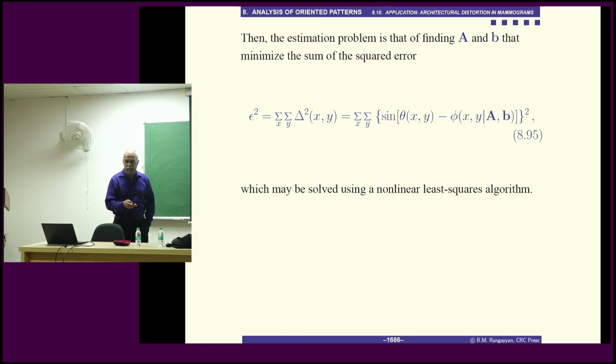There is an angle field given to you, and there is an angle field of the orientation field of the model. You start with some A, B, and it will give you that phase portrait, the angles. But from the mammogram, you have computed some angles. The two must match. And this is the error if they don't match. Modify A and B until they match, and find A and B. So for that, a nonlinear least squares algorithm was used.